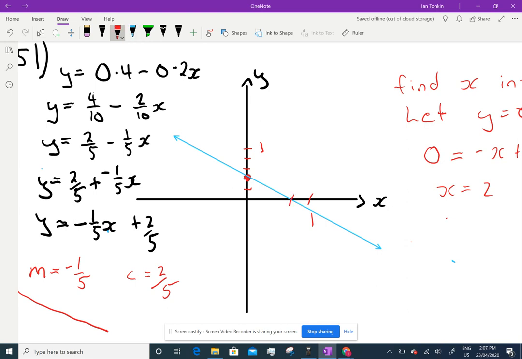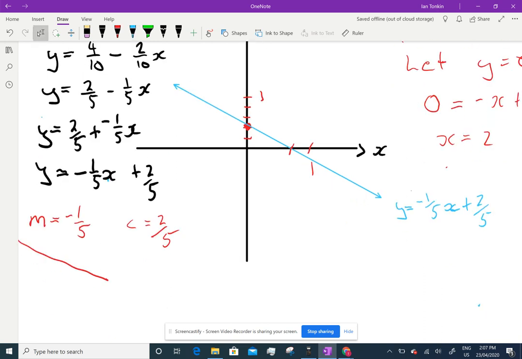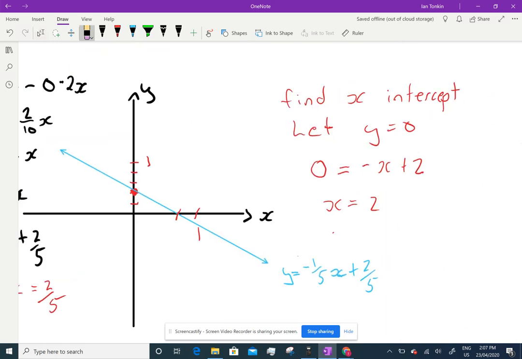And I've got to find this value, and I have to label this. So this is y equals negative 1/5 x plus 2/5. And I need to find this value, so I'm going to let y equal 0.